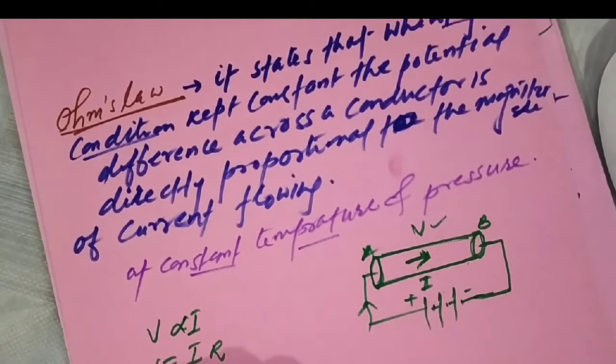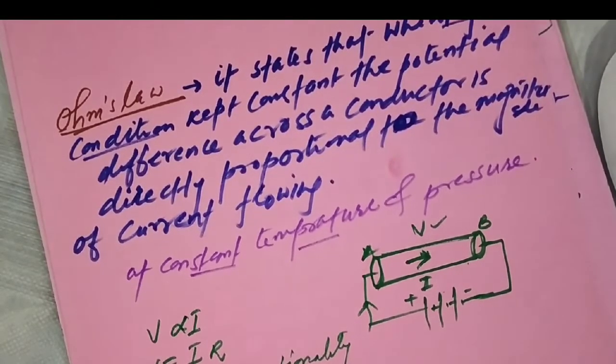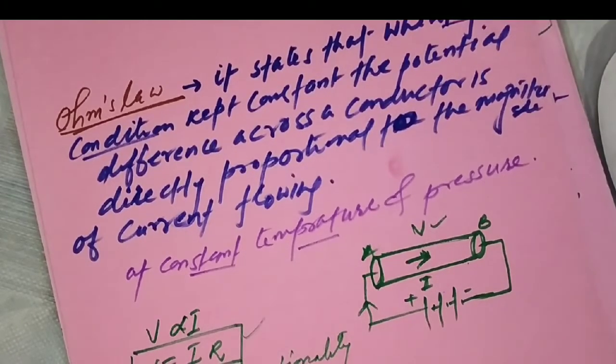R is the proportionality constant, and R is known as resistance. So this is your Ohm's law at constant temperature and pressure.